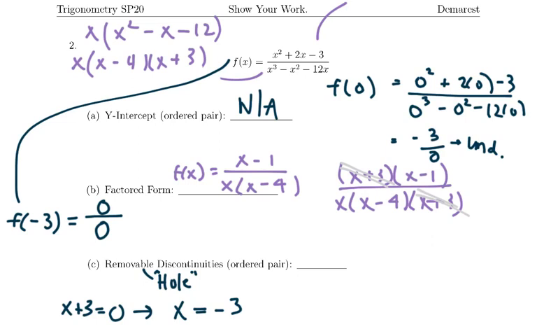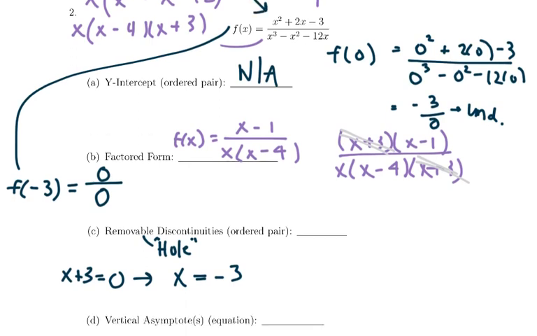We can't have that. So that's why we had to get rid of it, because it is possible to plug negative 3 into this function, but we still have to remember that we are graphing this old function. So on our graph at x equals negative 3, we're going to graph a hole. The function's going to go right up to it, not hit it, and then continue going.